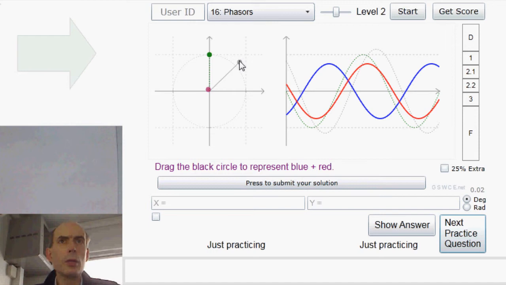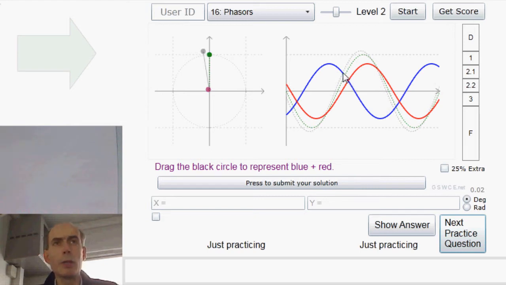Now, we need a waveform here if it's going to be equal to the sum of the blue and the red waveforms, which cuts the blue waveform when the red is 0, because obviously if the red is 0, then the sum of blue plus red must equal blue. So at the time when the red is 0, this waveform here should cut through the blue, like that.